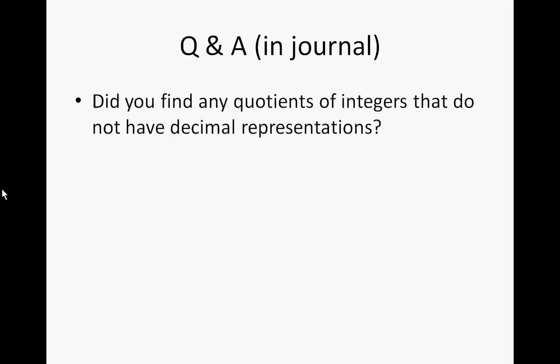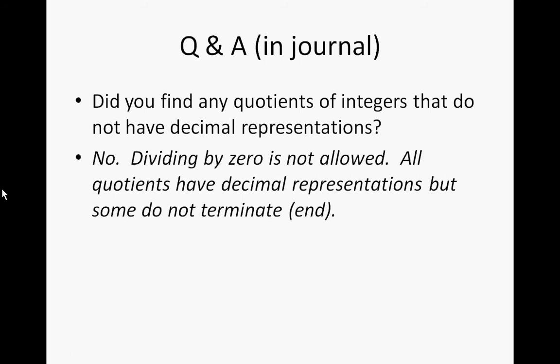Did you find any quotients of integers that do not have decimal representations? Well, your answer would be no, unless you're dividing by 0. Since we can't do that, all quotients have a decimal representation, but some do not terminate or end in this case. They keep on repeating.